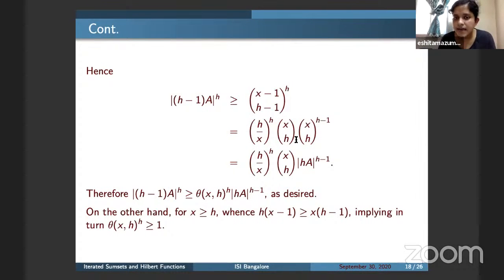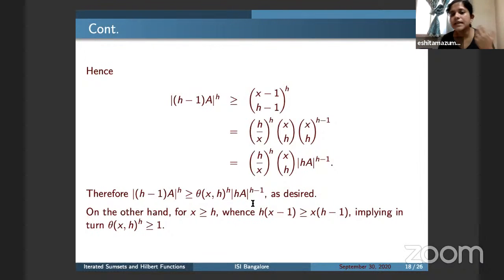Now keeping one binomial coefficient of X choose H aside and replacing the remaining by the cardinality of the H-fold sumset of A, we will have this inequality. Therefore, we have that the cardinality of the (H minus 1)-fold sumset of A to the power H is greater than or equal to theta to the power H into the cardinality of the H-fold sumset of A to the power H minus 1.